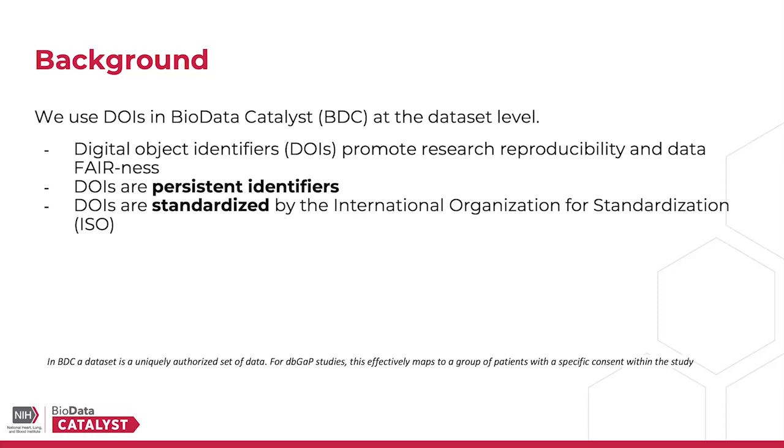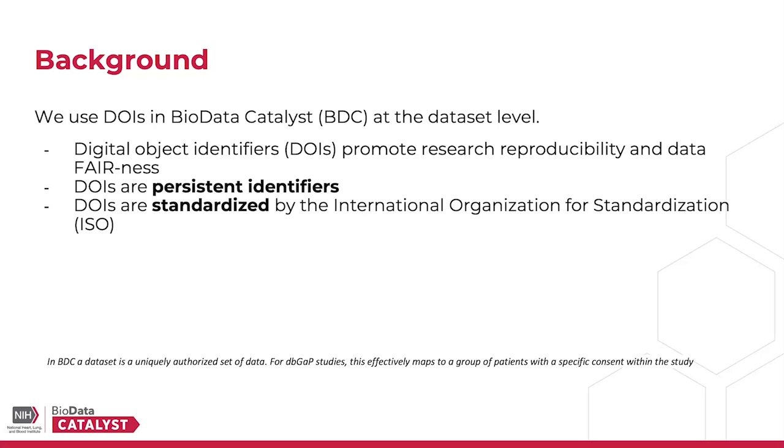So what we've done for DOIs is we have created a persistent identifier for each one of these data sets. The reason that we've done this is because we believe that DOIs are a great way to promote research reproducibility and data fairness, and I'll go into that in a little bit. And because they are persistent, they will last for a very, very long time, and they are not something that BDC or Gen 3 or NHLBI just cooked up in the dark.